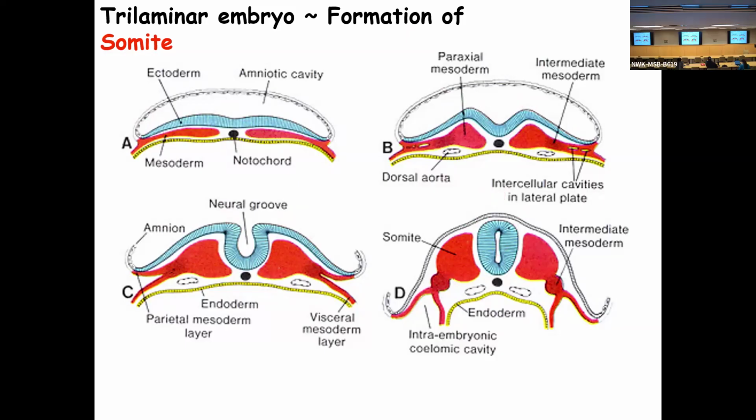Okay, these are different instances of neural development. And this here is the notochord in a transverse view. Okay, this is like a rod that crosses the entire embryo. And this is a transverse section here.